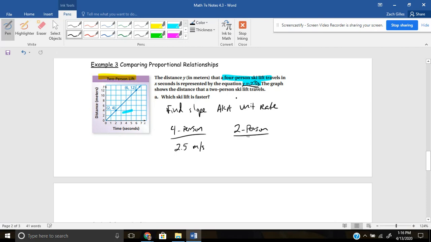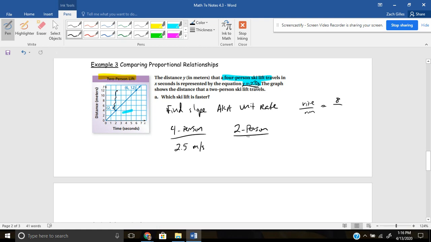The 2-person ski lift, what is this slope? Well, it doesn't tell us, but it's pretty easy to find. Remember, slope is rise over run. So if I'm here at 4 and I go up to 12, so notice I'm going by 2's here, 2, 4, 6, 8, I go up 8 and I go over.